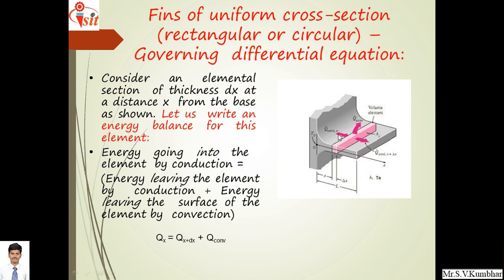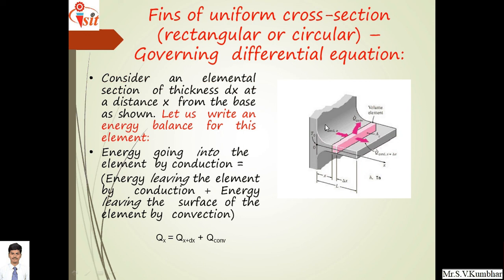So energy going into the element by conduction, that is Qx. Here observe this cursor. Energy going into the element by conduction Qx is equal to energy leaving the element by conduction plus energy leaving from the surface by convection.